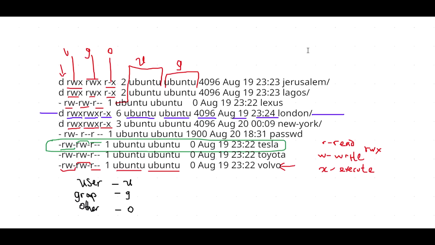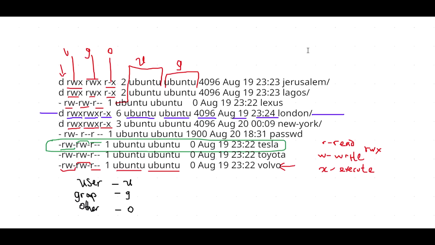So if you look at here now, this first column is for users. The second column is for group. There is no column for others because others could be anybody on the server.